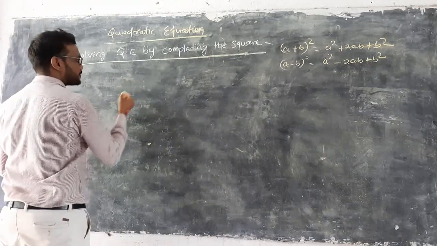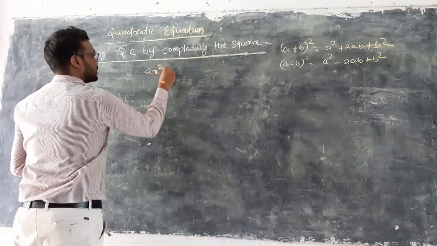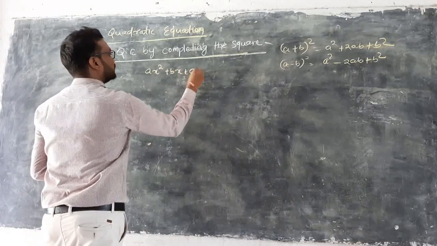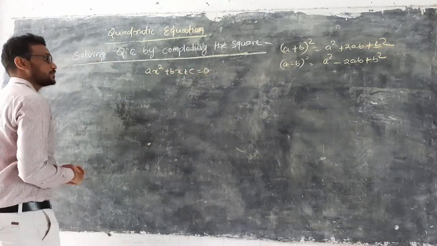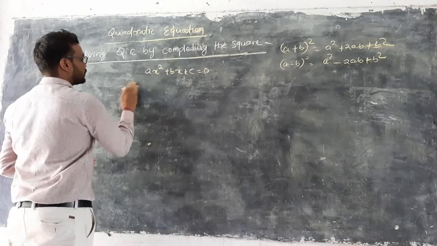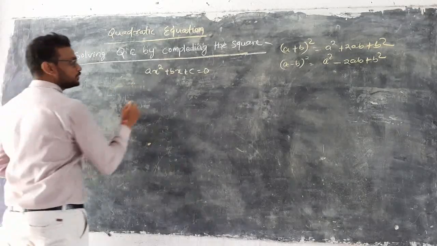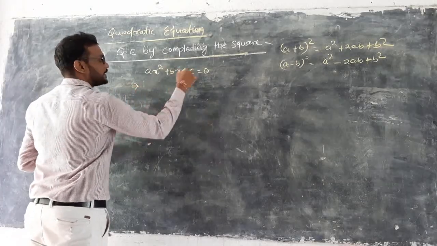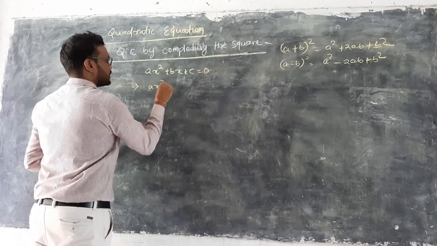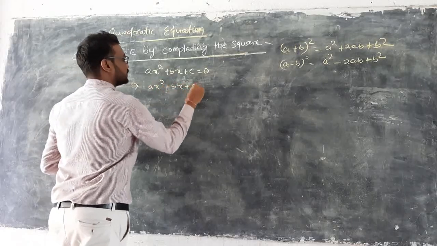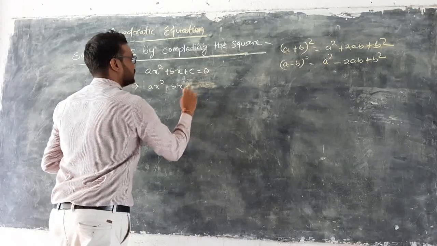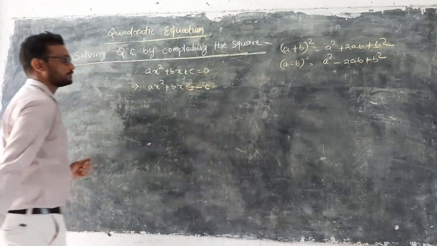Whatever the quadratic equation is given there, ax square plus bx plus c is equal to 0. This is our quadratic equation. In this case we will have to take c to that side, so it will be ax square plus bx is equal to minus c.